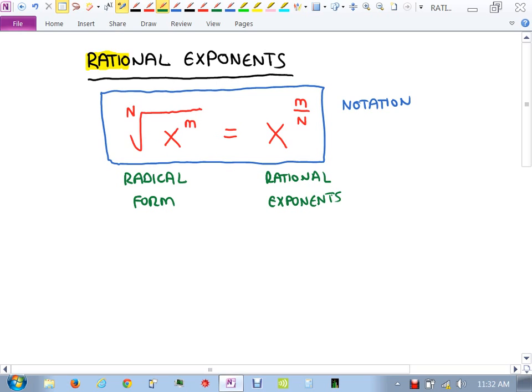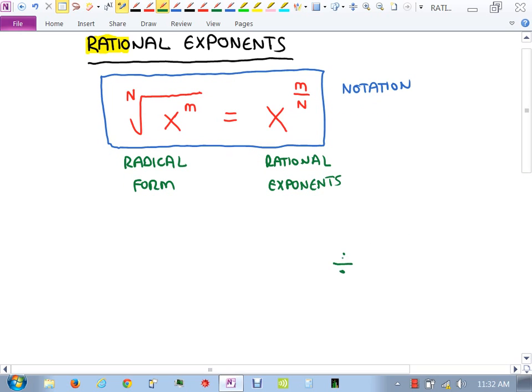So all we're doing today is this. Everything we've done with radicals, with roots, all we're doing is having a new way of writing it, a new notation. It's kind of like, do you remember in the very beginning of math, they taught you division using that symbol right there? If I wrote 4 divided by 2, that's the way they wrote division when you first learned math.